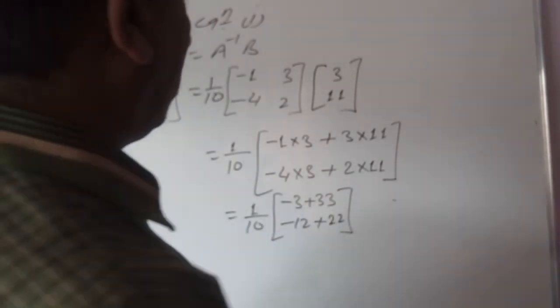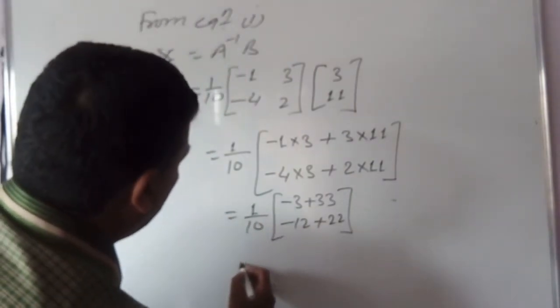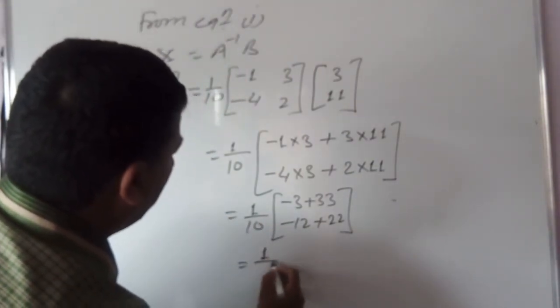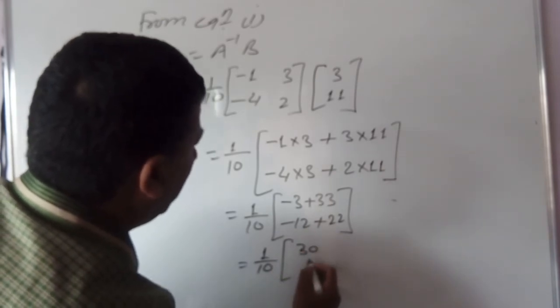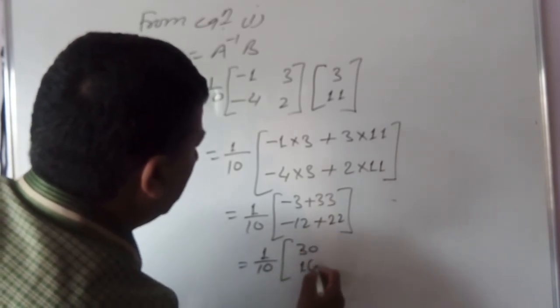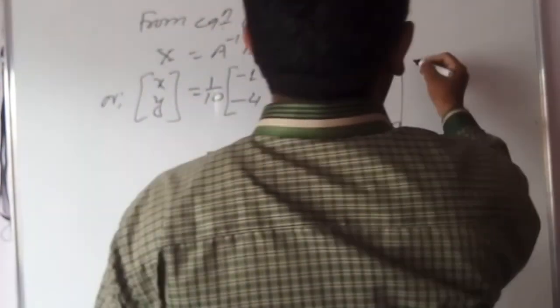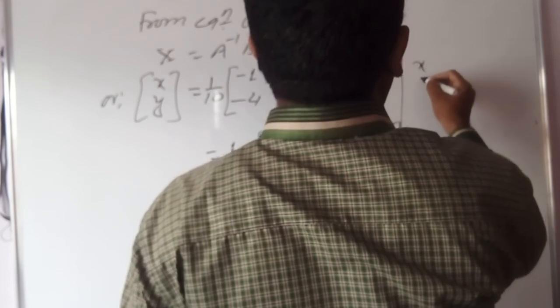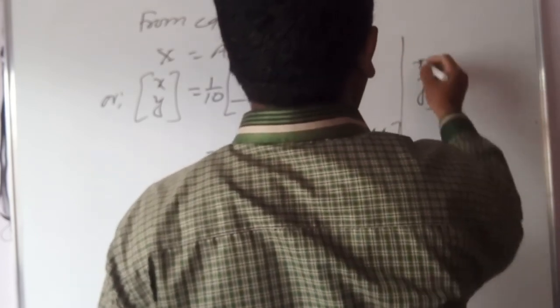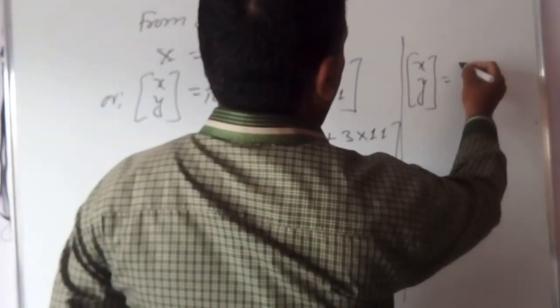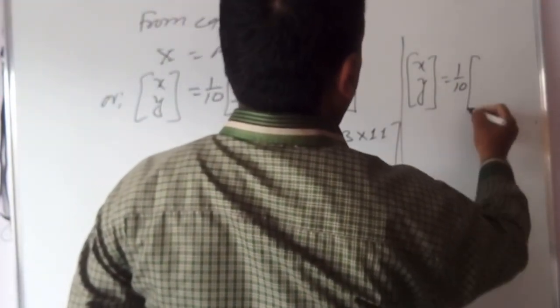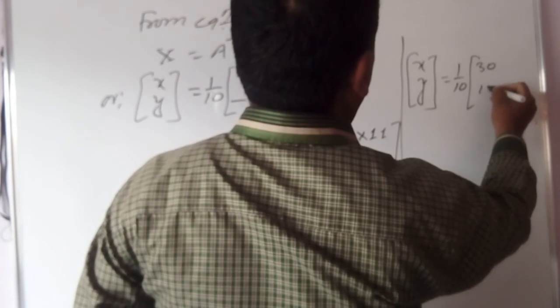This equals 1 by 10 times 30 and 10. So XY equals 1 by 10 times 30, 10.